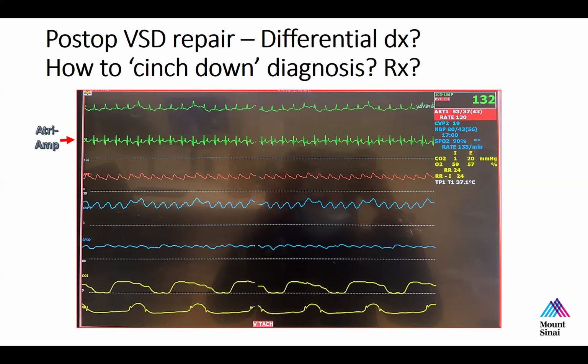If I'm looking at lead 2, I can make out the QRS complex. And if I'm looking at the atrium, then there apparently is a P wave there.